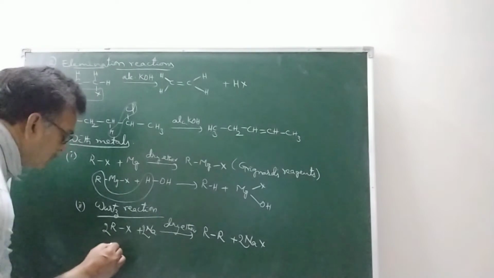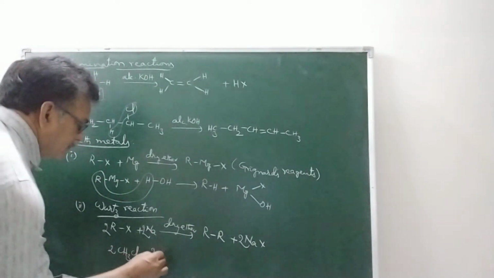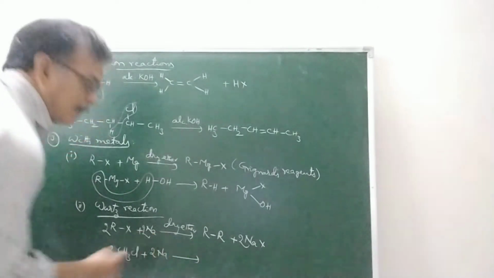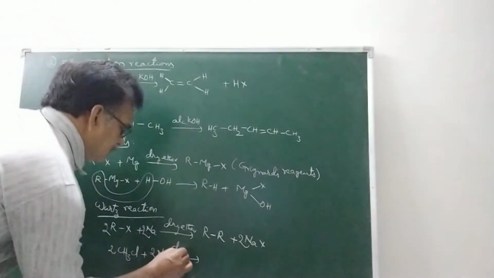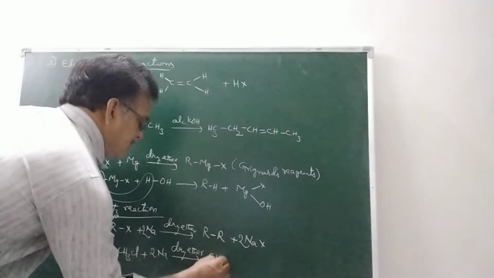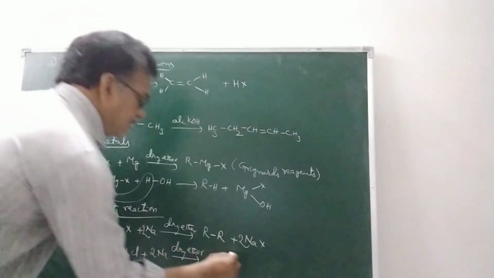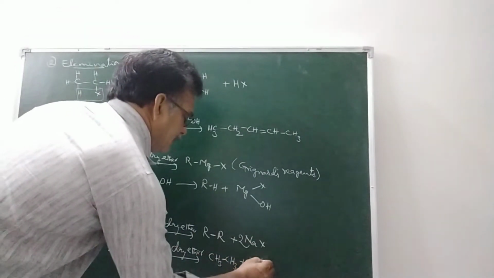If we take 2 moles of CH3Cl and 2 gram atoms of sodium in dry ether, then CH3CH3, ethane, is formed plus 2NaCl.